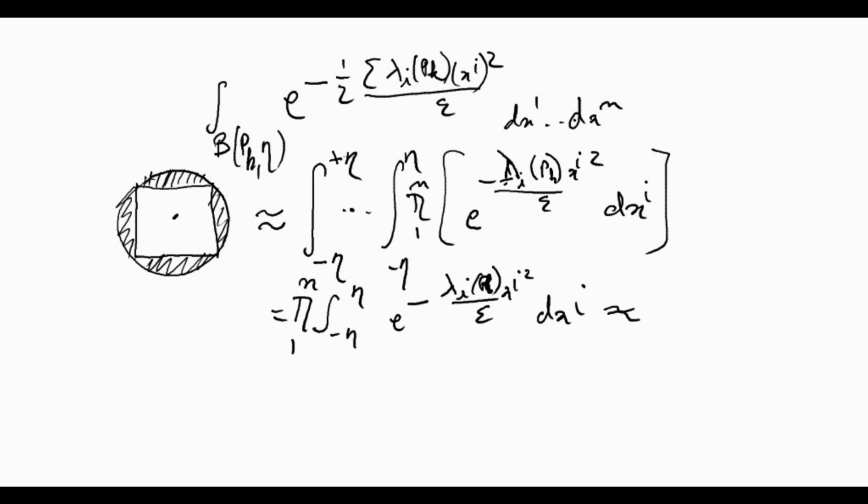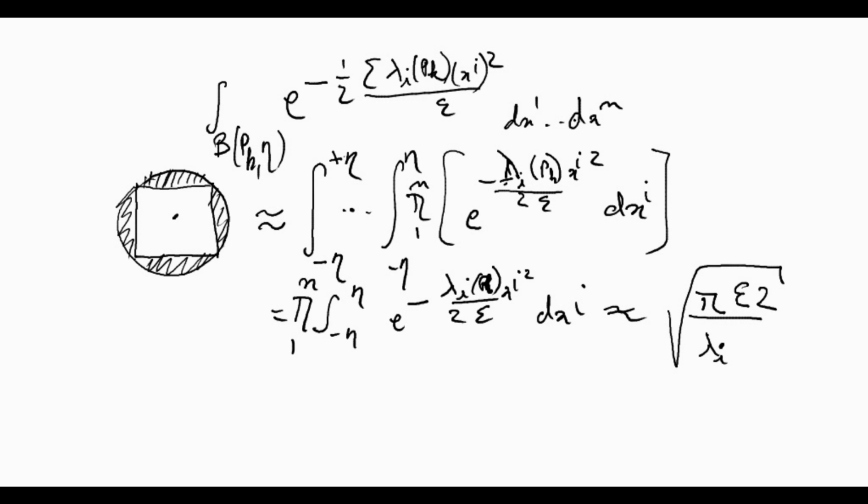And as we have seen before, this is simply the square root of pi divided by lambda_i over epsilon. And I think there is also a factor 2 that we have forgotten here, which should be added.